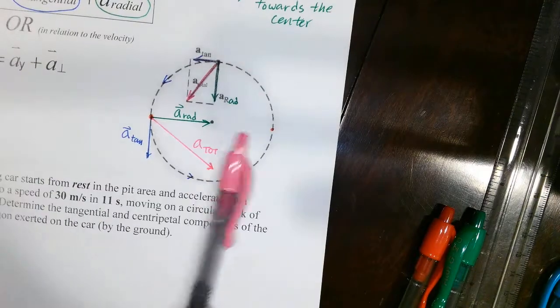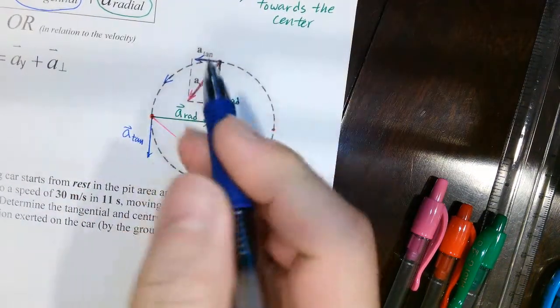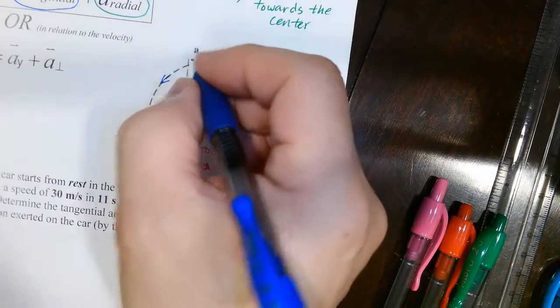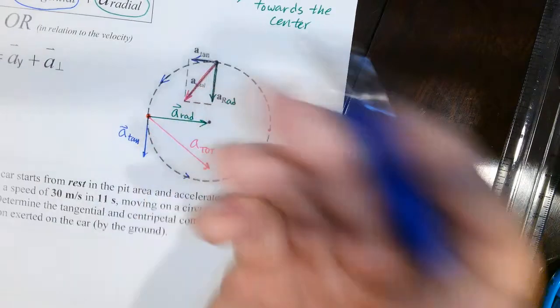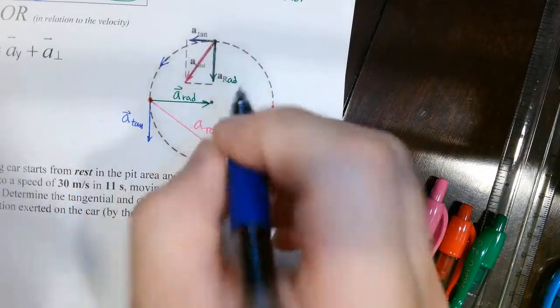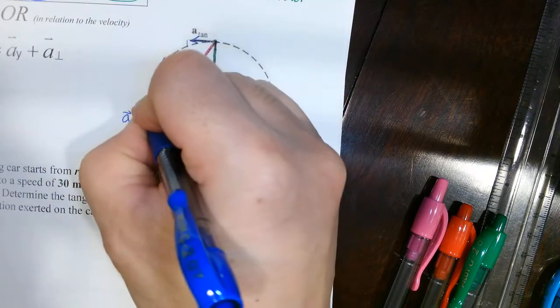I'm sorry, that would be a jerk, actually. Let's say A tangential is constant, let's make it easier, instead of jerky motion where the acceleration is actually changing. Let's say it is staying constant. Constant acceleration.